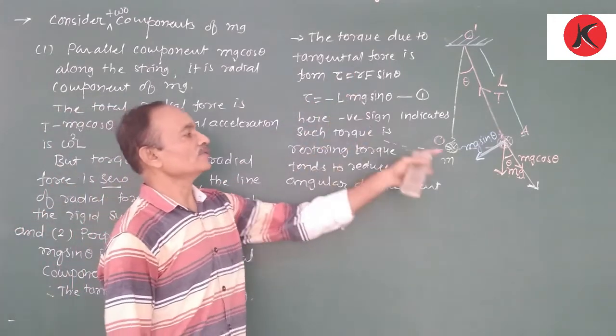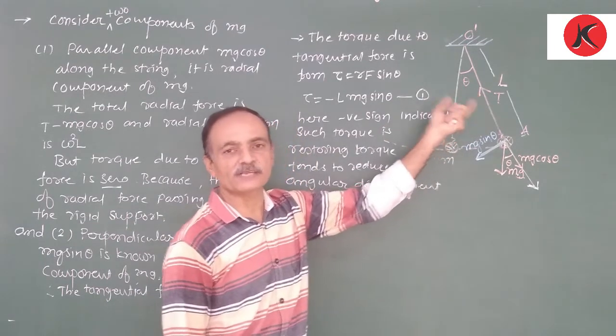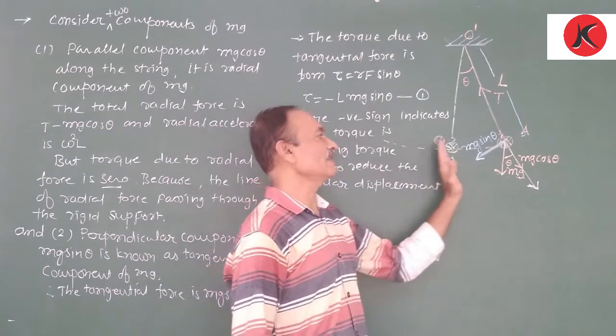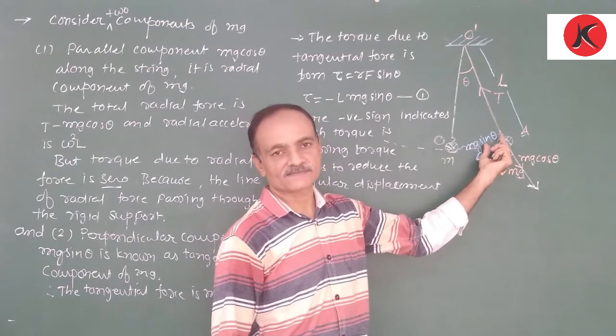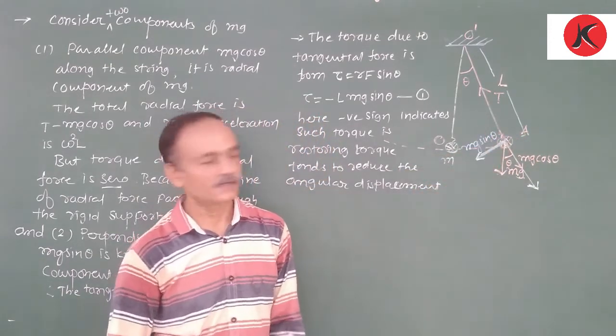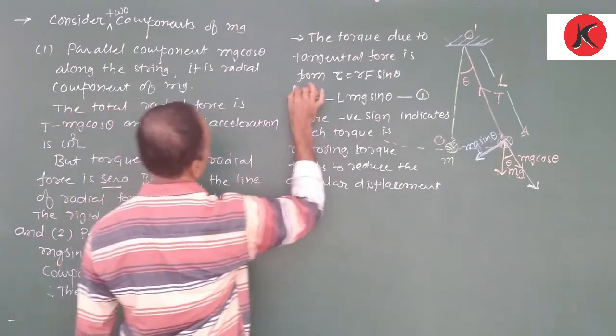Due to this negative sign, the angular displacement theta of a simple pendulum is reduced. Because as it moves more and more distance, theta increases. Therefore, mg sin theta is acting towards the point of suspension. Right? That is the restoring torque.